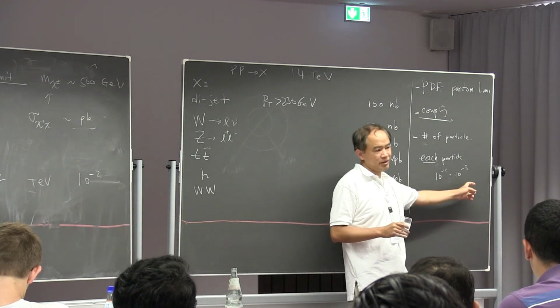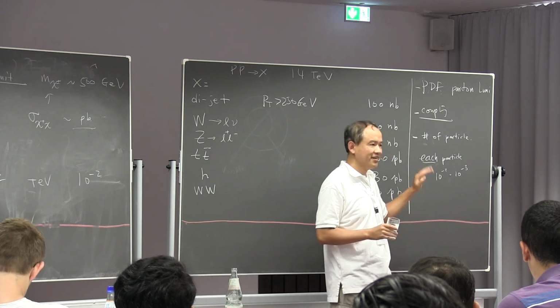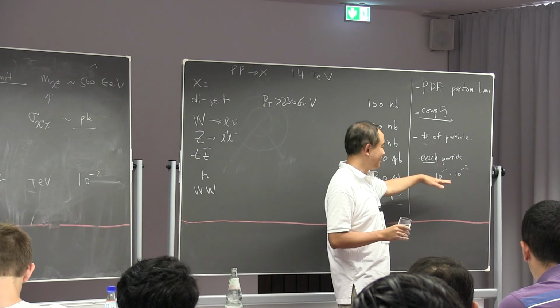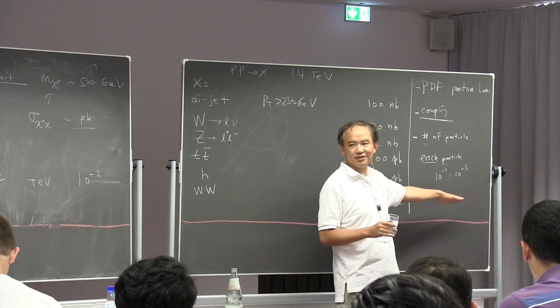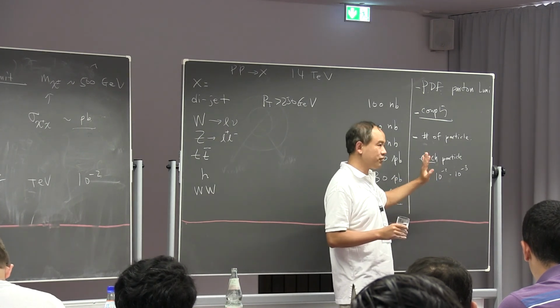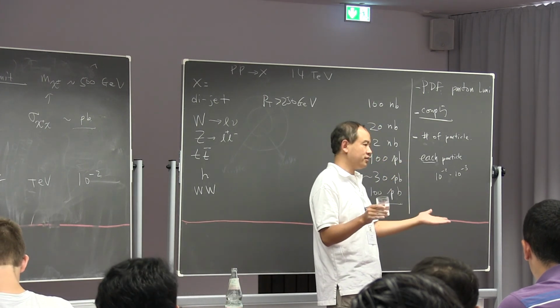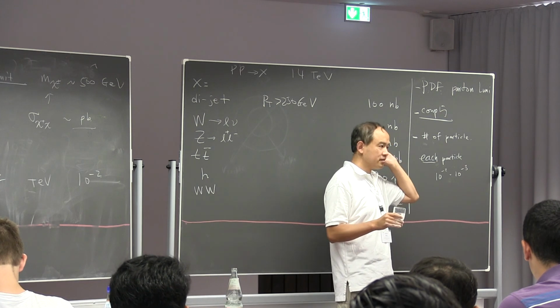So this is only meant to be a very rough guide. I can certainly imagine cases where there's no suppression at all, and cases where the suppression is more than this. But roughly speaking, if you add another hard particle that's well separated from the others, it's around this factor.